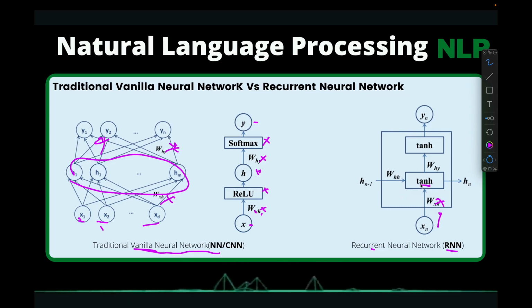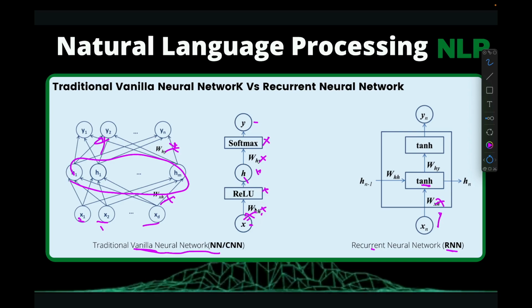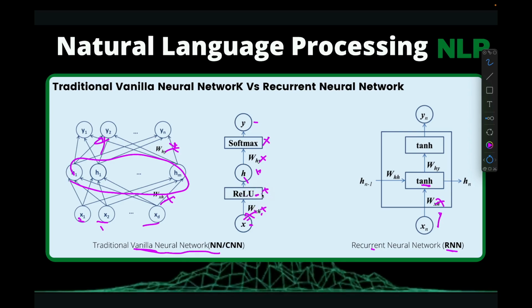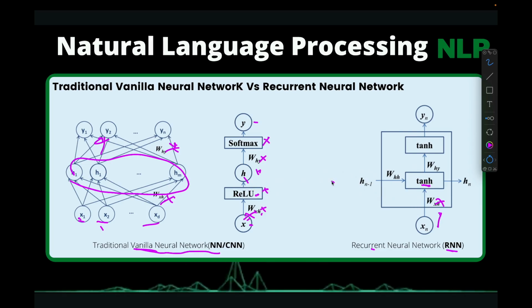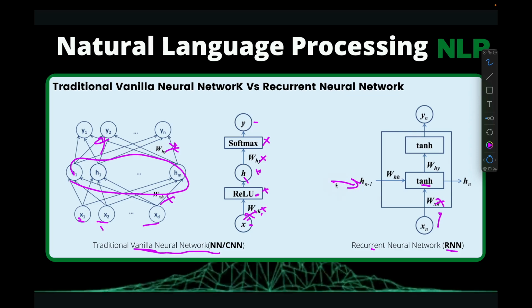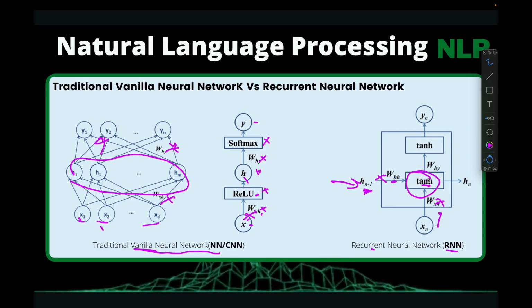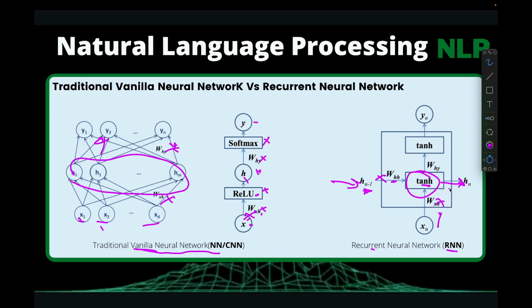Now, instead of just this input, multiplied by the weight and then the non-linearity, which in this case is ReLU, we also have the hidden state from the previous one, which is also going to be multiplied by a weight. Then we apply the non-linearity on both of them, and then we have another hidden state for the current layer.